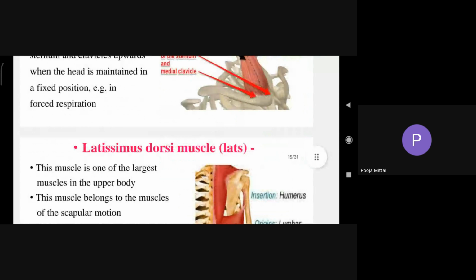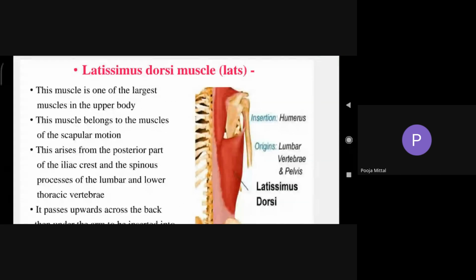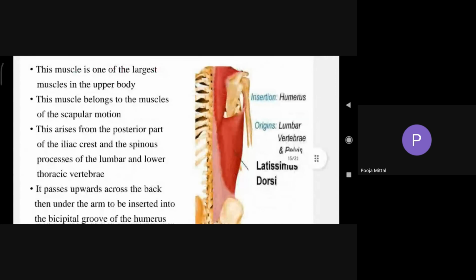Next muscle is the latissimus dorsi muscle. This latissimus dorsi muscle is one of the largest muscles in our upper body. And where is it present? It is present on our back side.